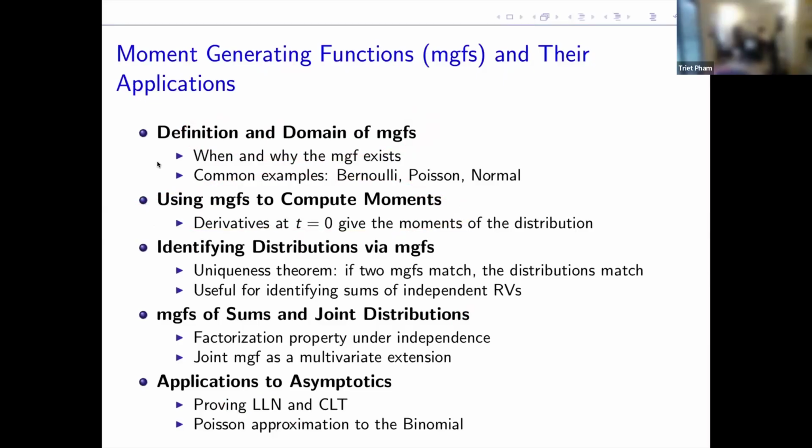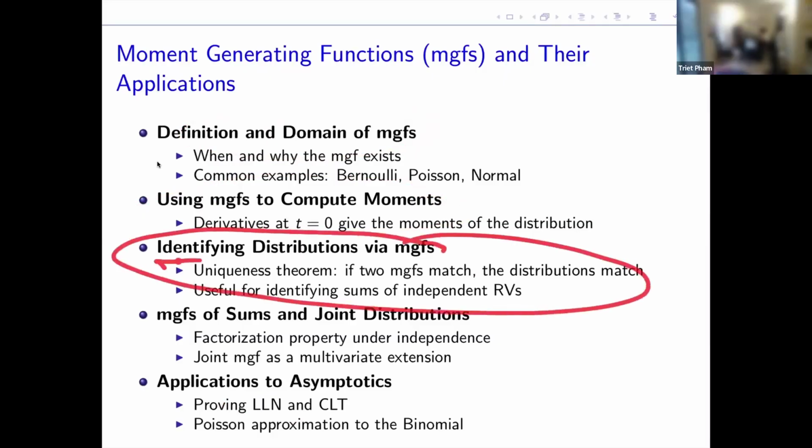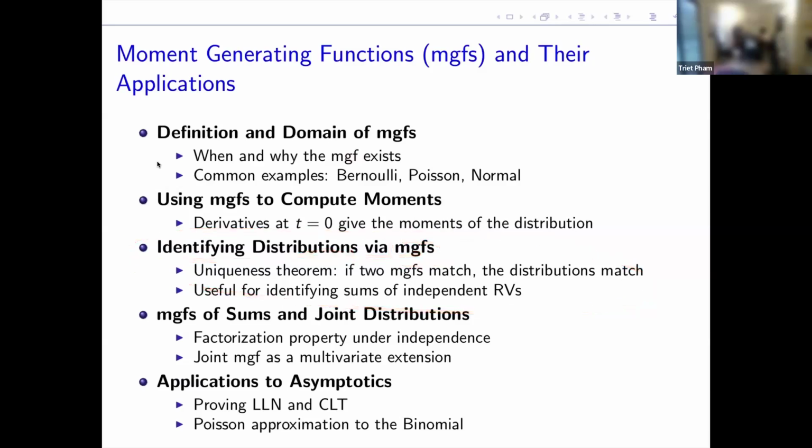But we'll quickly point out that, yeah, that's one good use, but it's not that common, or it's not that powerful. The most powerful technique or reason is because you can use the moment generating function to identify distributions. And from there, we can use that to find the distribution of the sum of independent random variables.